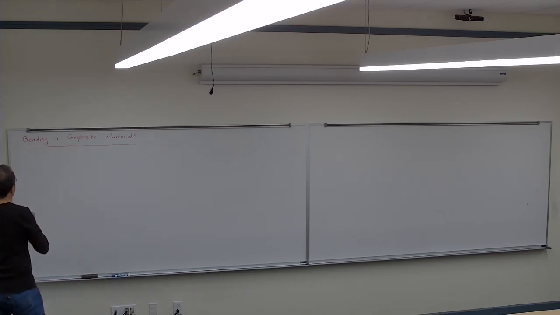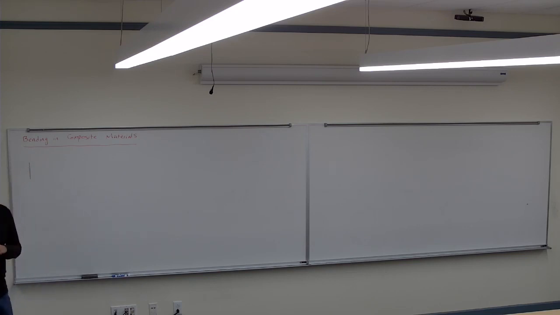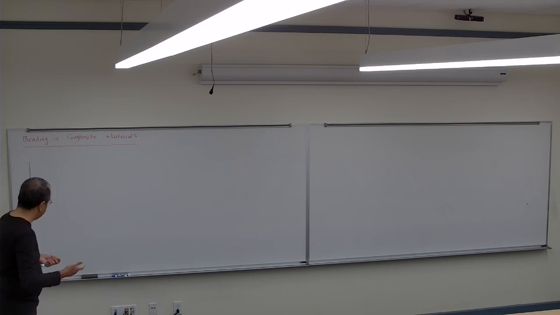So assume I have a beam that is made of 2 materials. Assume, for example, steel and aluminum.